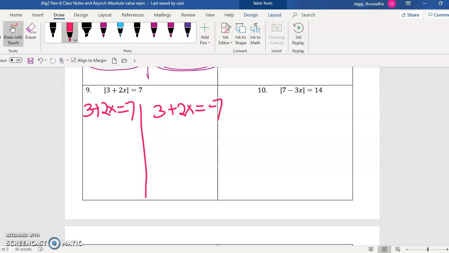So now again you are going to solve the equation the way you have been solving it in the past years. Remember, when you solve an equation, you do the opposite of PEMDAS when you're solving for x. First, you do any addition or subtraction, something which is added to or subtracted from the x term.